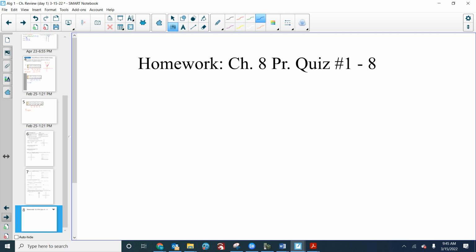Oh, 1 through 8. That's a parabola also. Okay, guys, do 1 through 8 for tomorrow. We're working for the rest of class. You're being given a gift of time. Use it. You should be working on this.